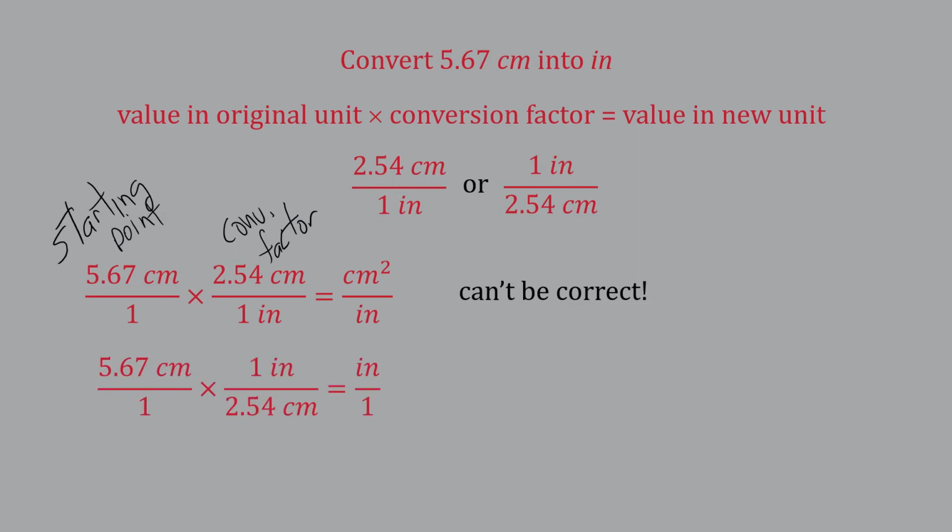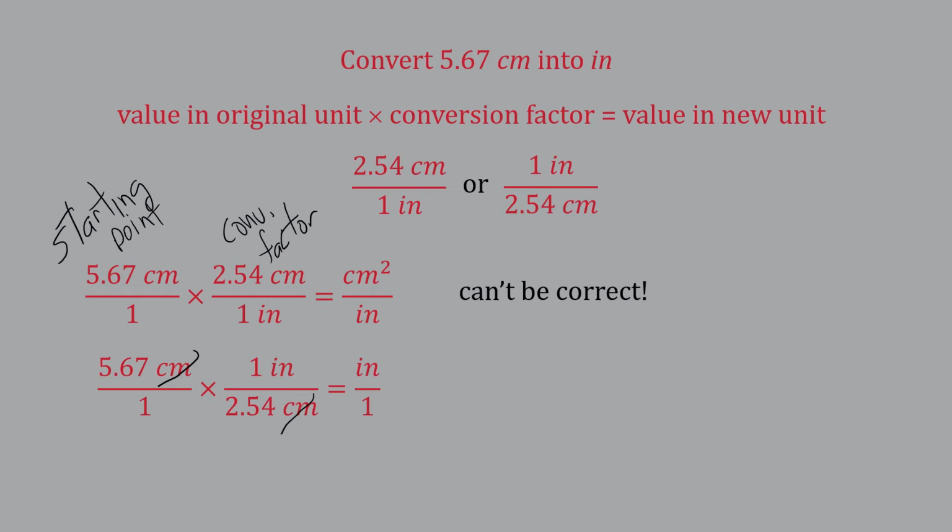So let's try the other one. Let's see what we got here. Now we have 5.67 centimeters times 1 inch over 2.54 centimeters. Here's the idea: the units can be manipulated like numbers, in that if something is divided by itself, it cancels out.